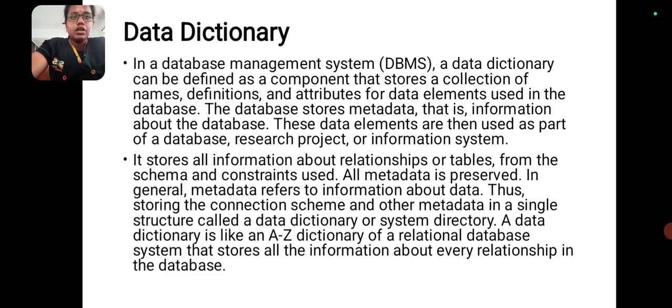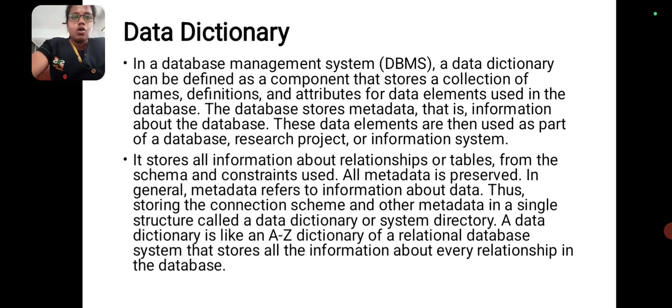The data dictionary can be said to be a component that stores the collection of names, definitions and attributes for the data elements used in the database. The database normally stores metadata that contains all the information about the database. These data elements can be part of our database, a research project, or any information system.